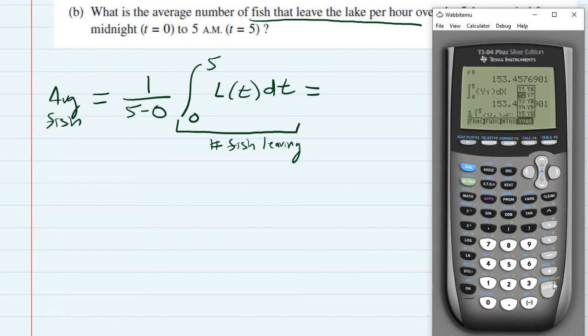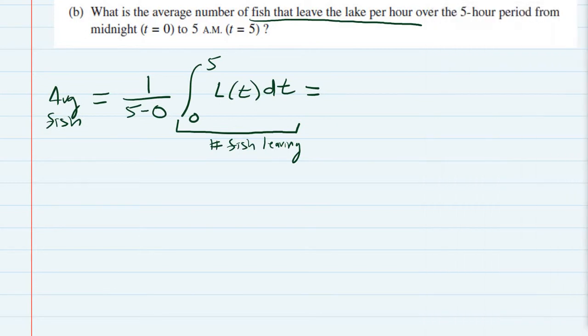So I'm changing this to Y2 and need to put in an x here, and there we go. So 6.059 is what we have. So we're going to enter this in as 6.059. This is, again, fish per hour.